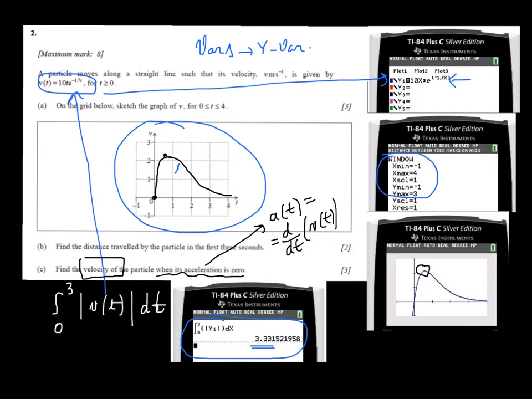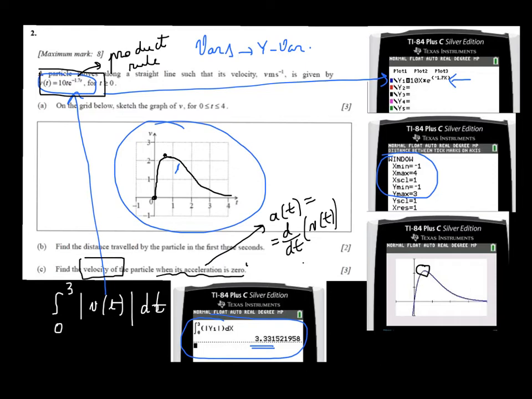So you started to differentiate this function v algebraically. Many of you made a mistake when differentiating, because actually you should recognize that this is the product rule. You have a product of two functions, so you need to use the product rule to differentiate. But you don't need to, because your calculator can do this for you.